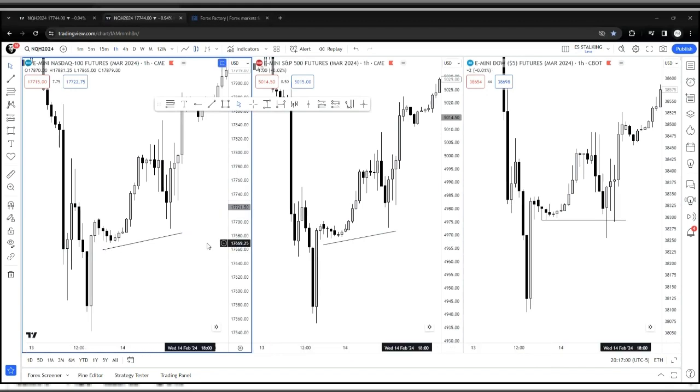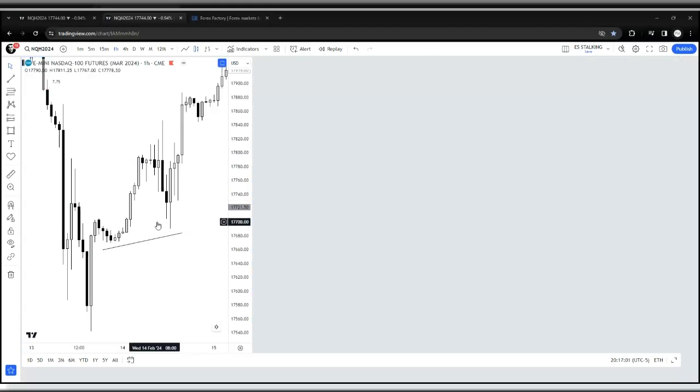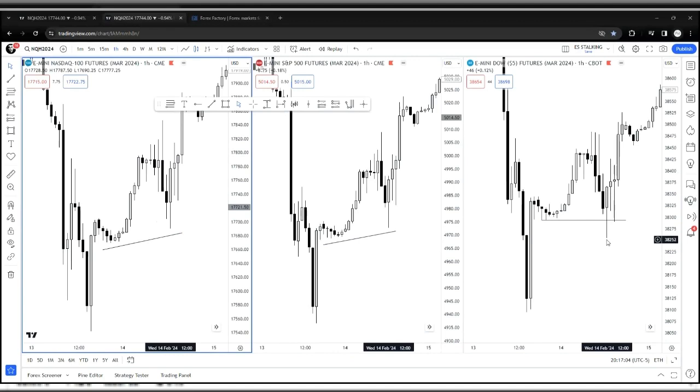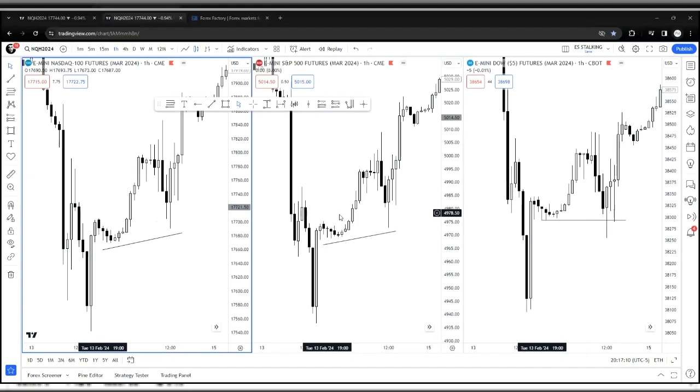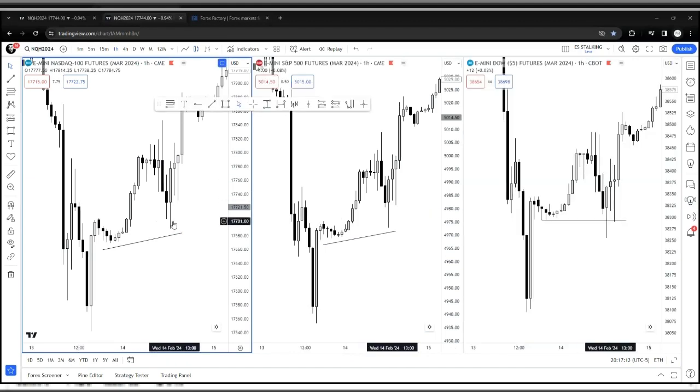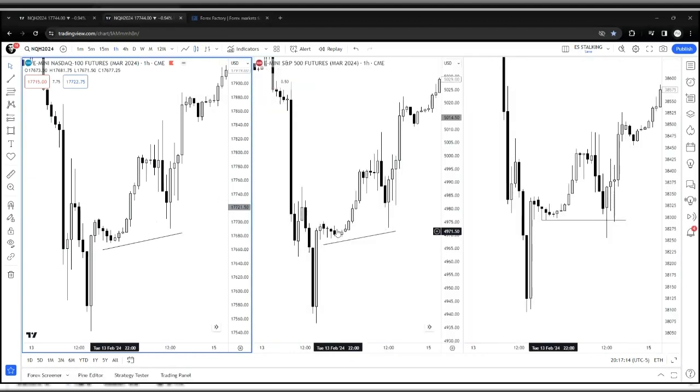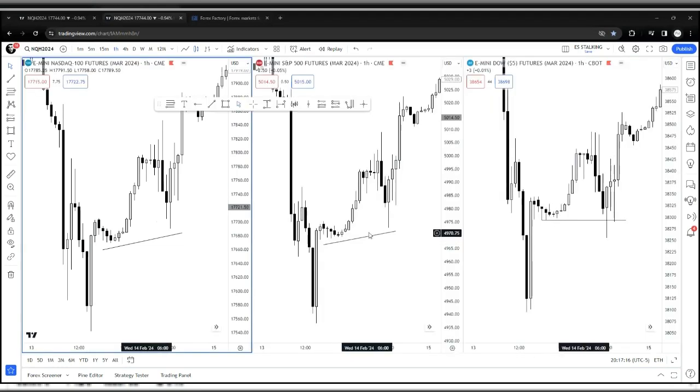So for example, whenever you see this, price break below a low here, and we have failure swings here, then you would more than likely want to be within these assets to get an explosive move.